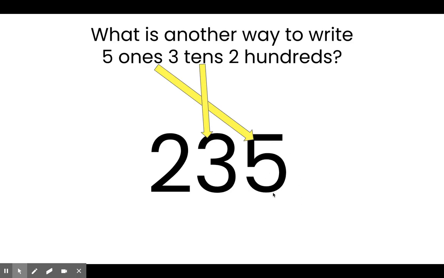That means ones are the smaller unit and tens are bigger. Here are my 2 hundreds. That's the biggest unit we're working with right now, so it goes over here on the left. 5 ones, 3 tens, 2 hundreds makes the number 235. Good job! Wipe your whiteboard clean.